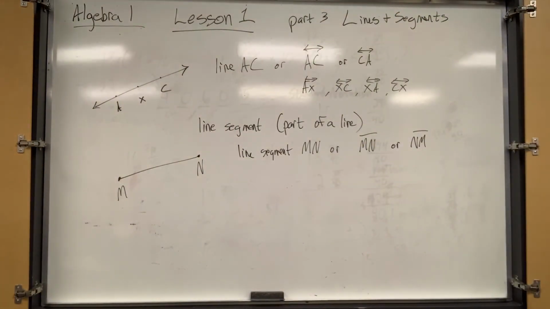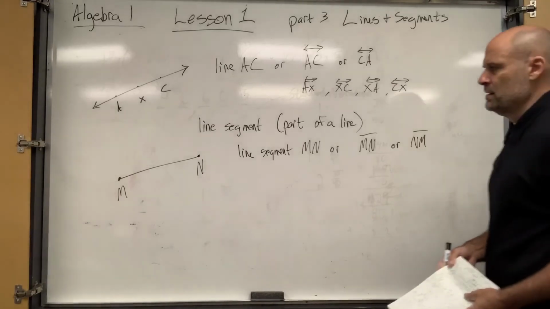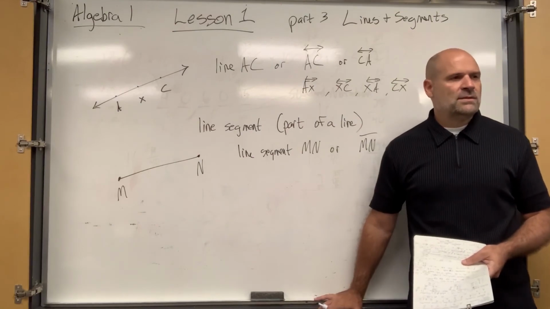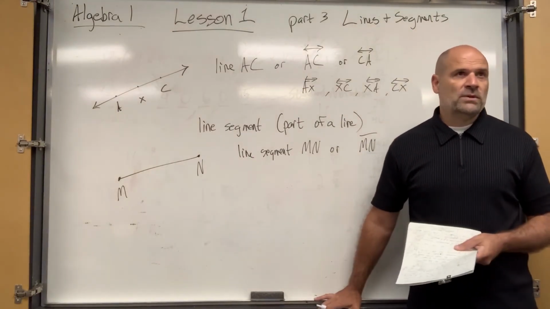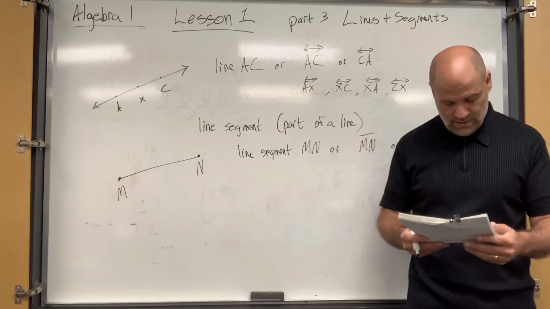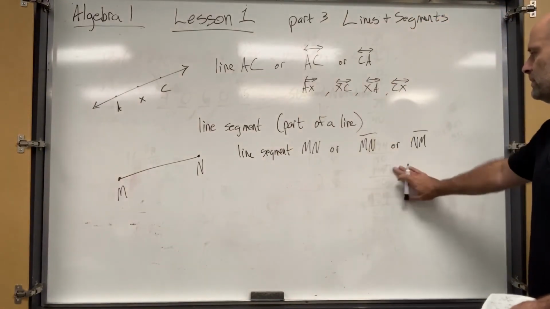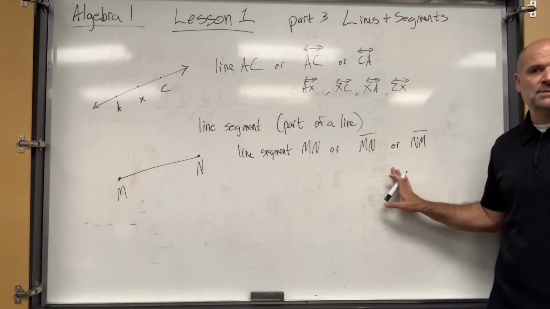So in a line segment, there's no beginning and end, there's just end. There are 2 endpoints, so we don't say M is the beginning point and N is the end point. That comes a little later. Well, actually it doesn't, even with rays, it just starts with 1. Okay, so questions on lines and line segments?